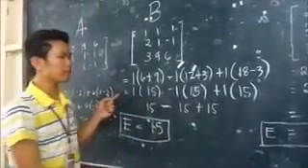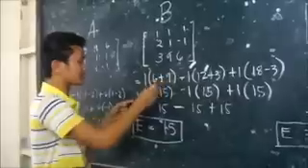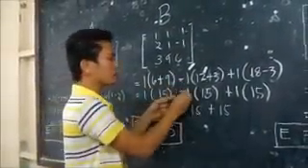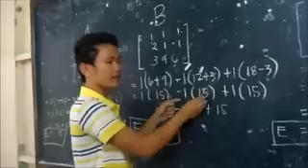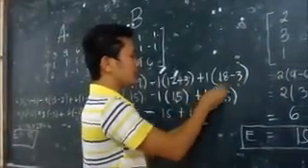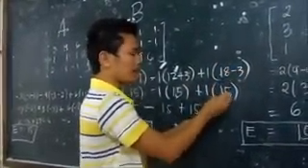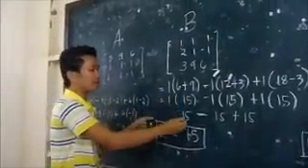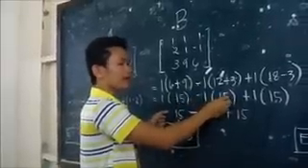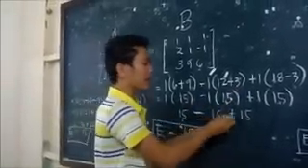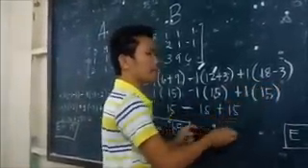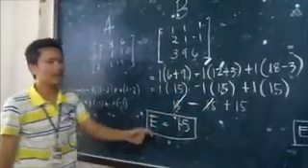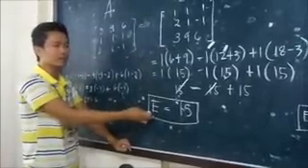Since we are going to simplify inside the parenthesis, we have 1, 6 plus 9 is positive 15, minus 1, 12 plus 3, we have positive 15, plus 1, 18 minus 3, we have positive 15. So 1 times positive 15, we have 15. Negative 1 times positive 15, we have negative 15. Plus 1 times 15, we have positive 15. Simply cancel this, so we have the second pattern, the error is positive 15.